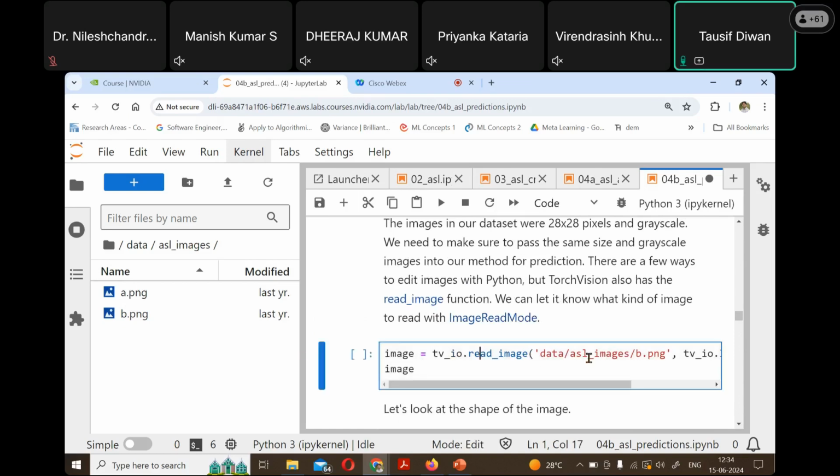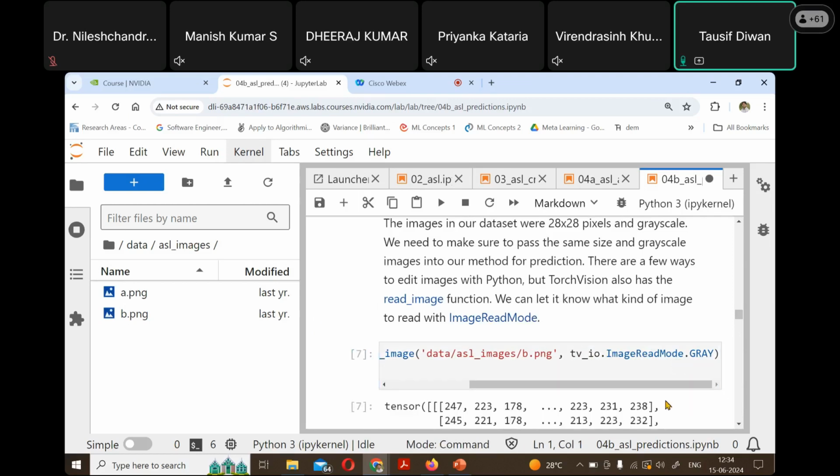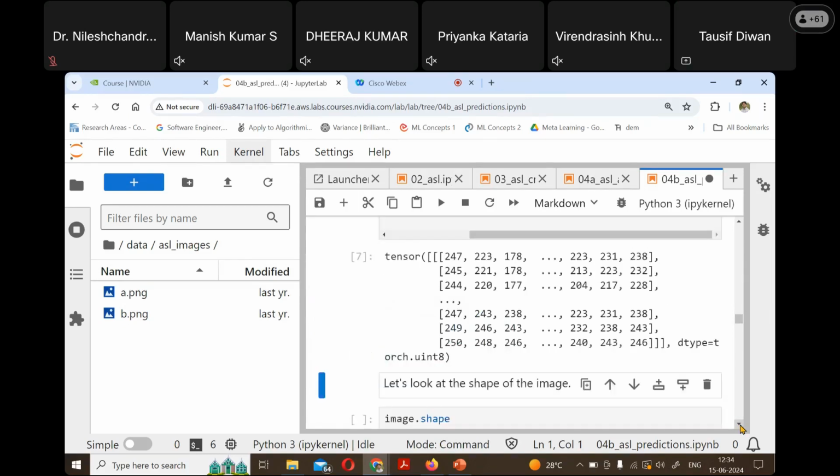So first of all, read the image. We will use io.image read mode in gray mode, and call this.